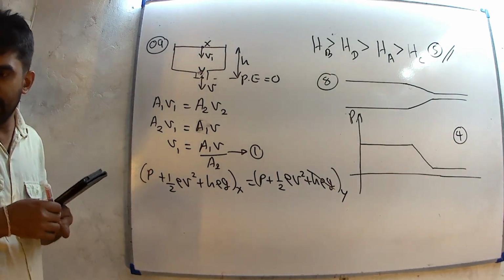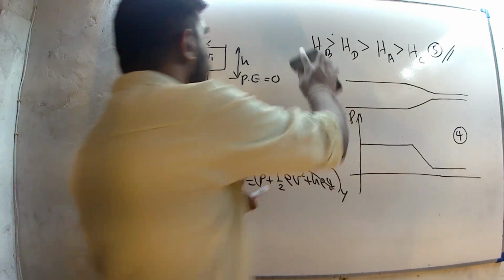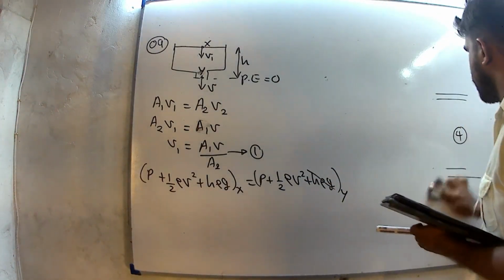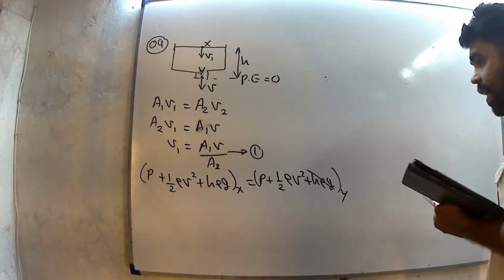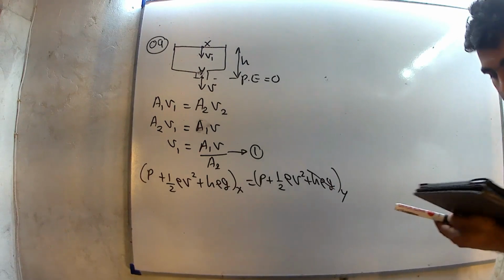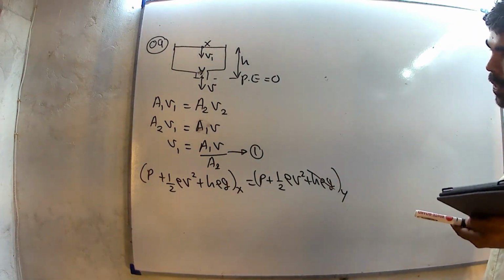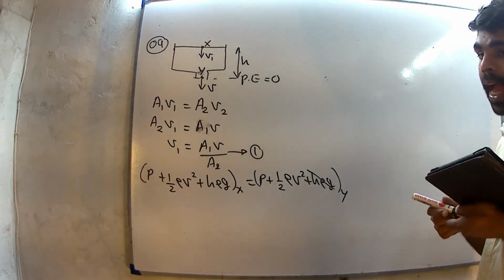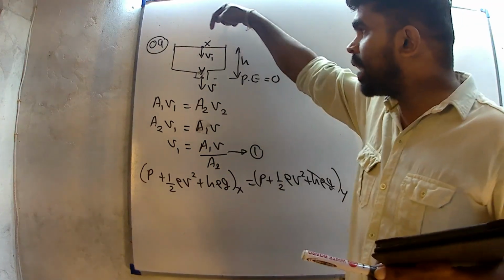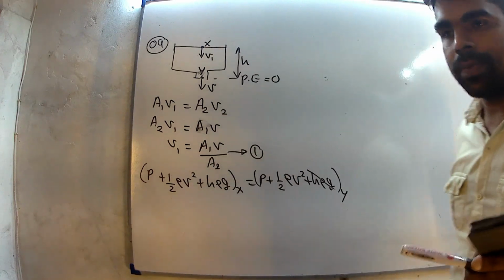Then I will substitute the given algebraic terms. Then we can get pressure at point x is atmospheric pressure. You know that point x is open to the atmosphere.